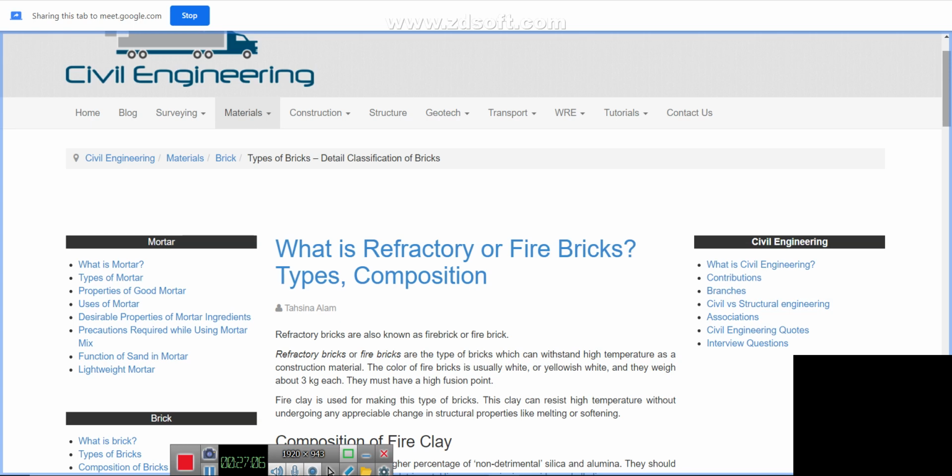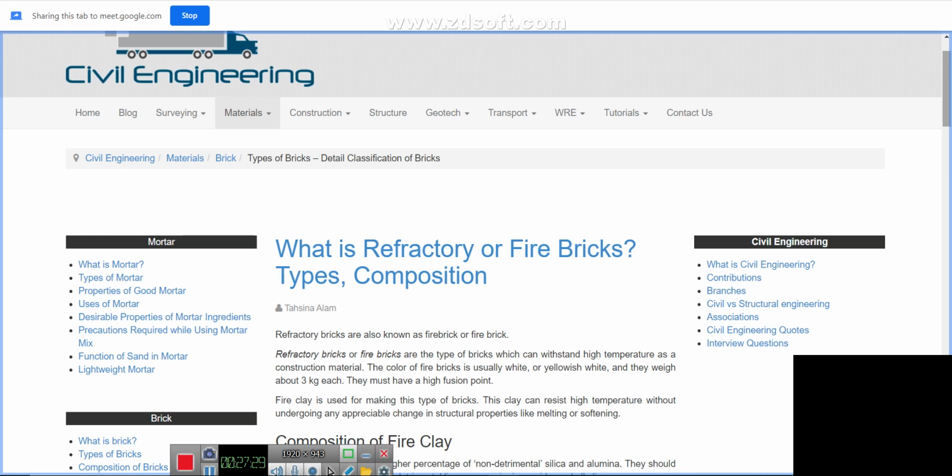What do you mean by a fire brick or a refractory brick? Some bricks may be able to withstand high temperature. If these kind of bricks are used as the construction material, they will be able to withstand a very high temperature. So such kind of bricks, you call it as the refractory brick or fire brick.